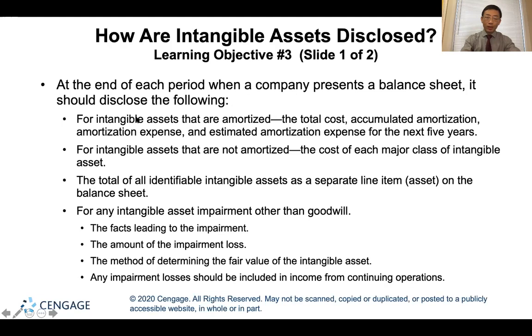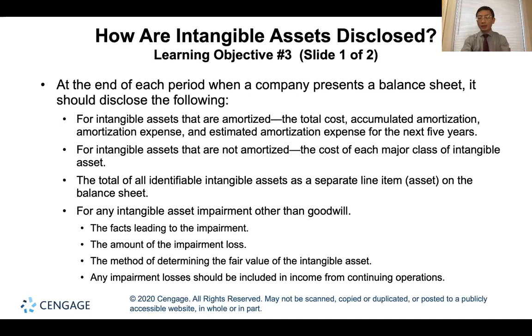So in general, at the end of each period, when a company presents a balance sheet, if the intangible assets need to be amortized, we need to report the total cost, the accumulated amortization, and also amortization expense, and the estimated amortization expense for the next 5 years.